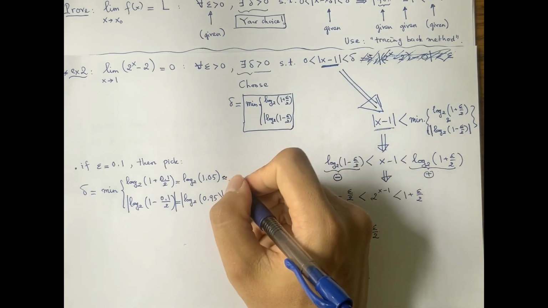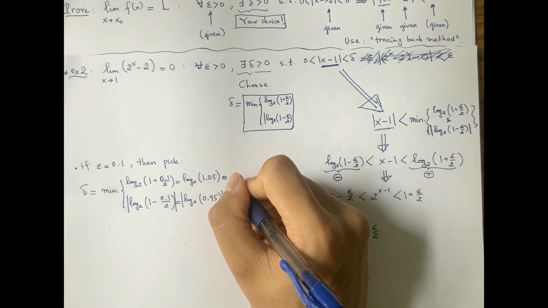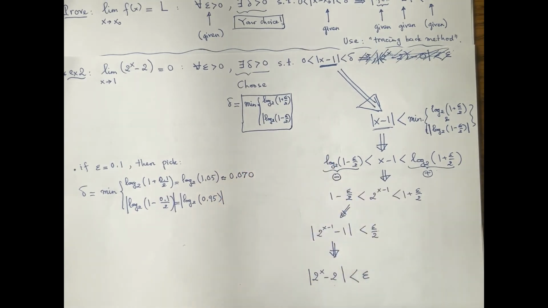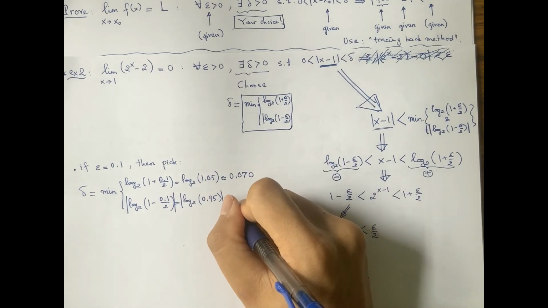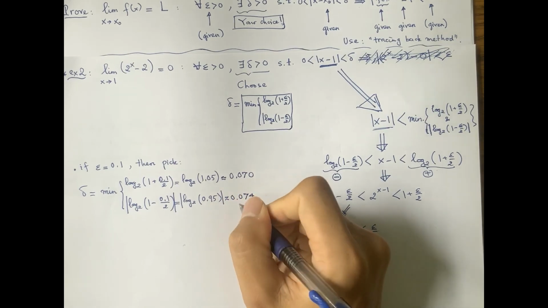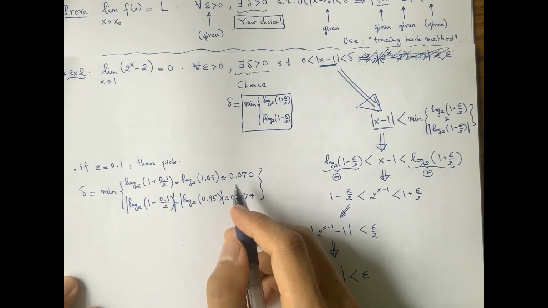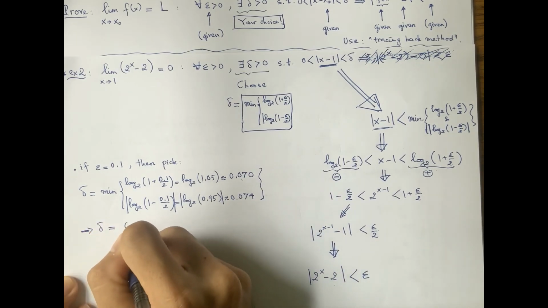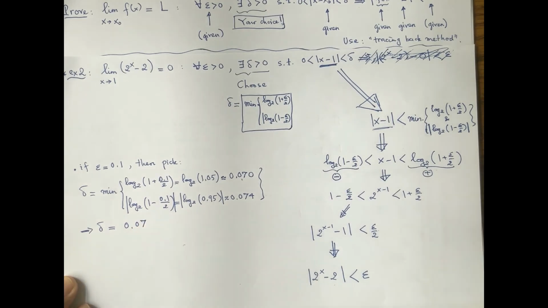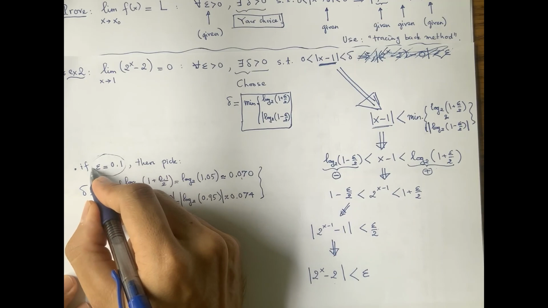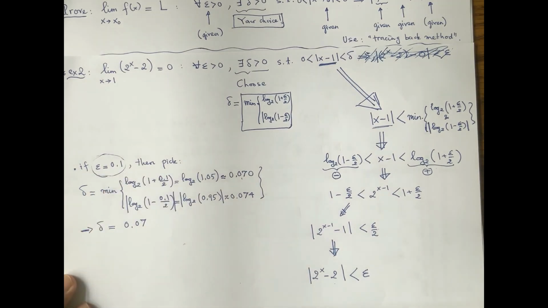And I computed. This is about 0.070, where the other is about 0.074. So you know that this is the smaller value. So then delta has to be 0.07. And that's your choice corresponding to the given epsilon to be 0.1.